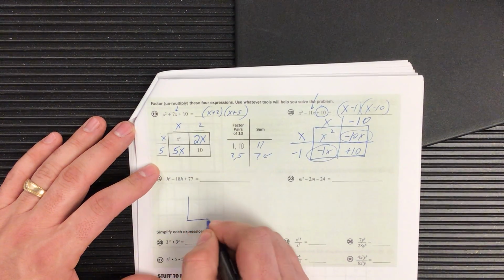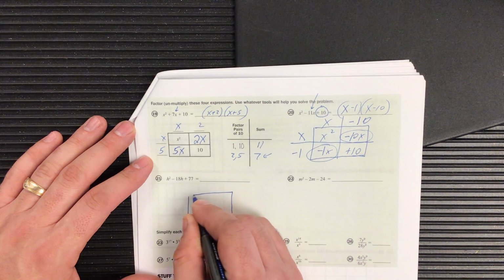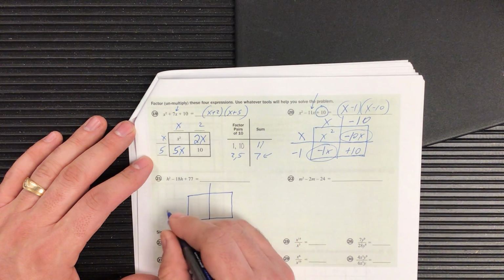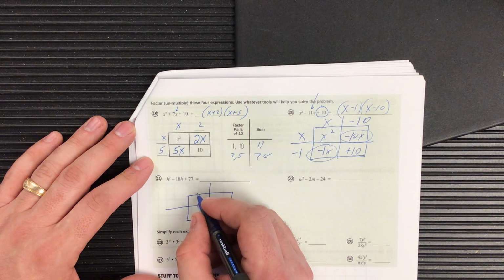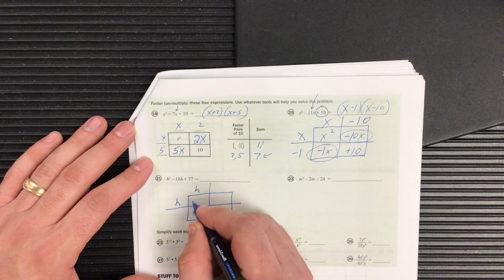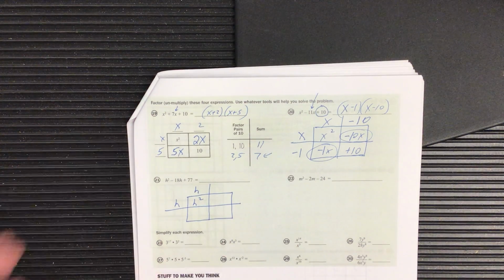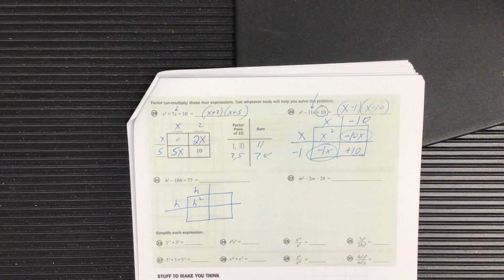Okay, why don't you try 21? Again, you can always make a little chart, write down factors of 77 if you need to.